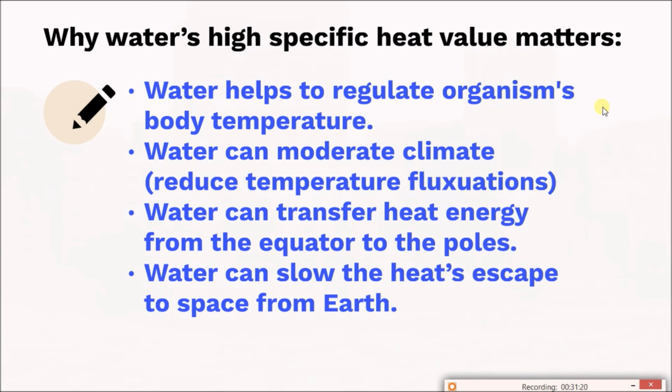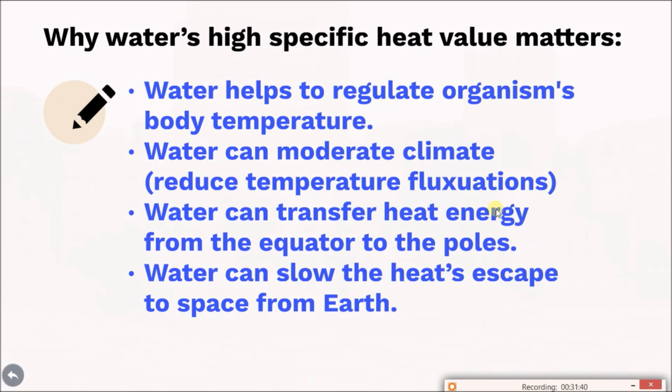Like I already mentioned, water can also moderate climates. It reduces temperature fluctuations. So it helps reduce temperatures during the daytime and it helps raise temperatures during the nighttime. Water can transfer heat energy from the equator to the poles. So we'll see that when we look at ocean currents.